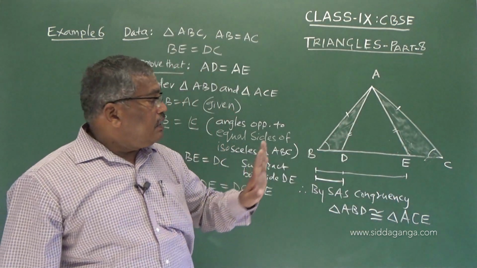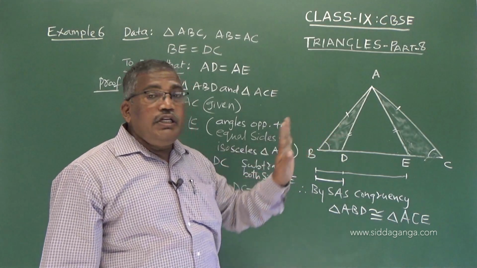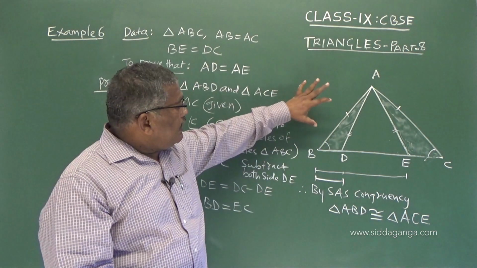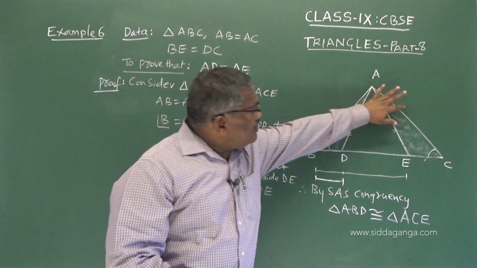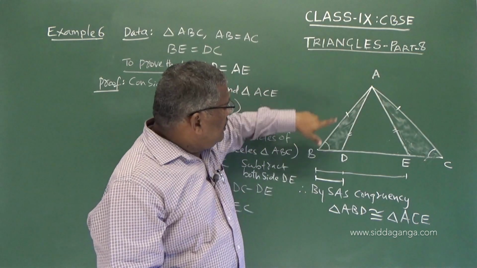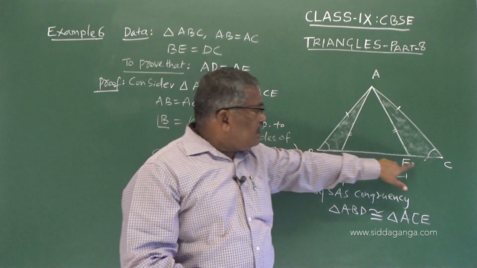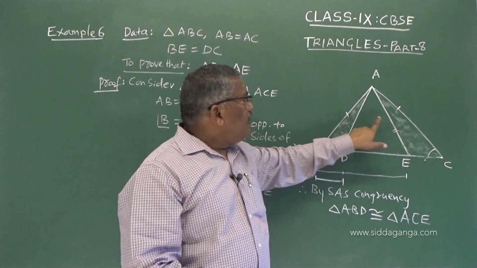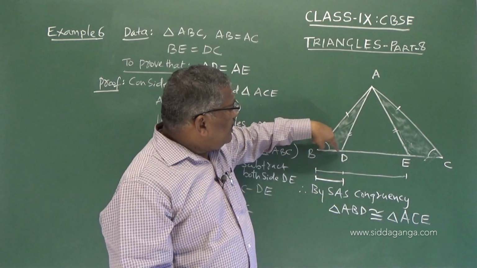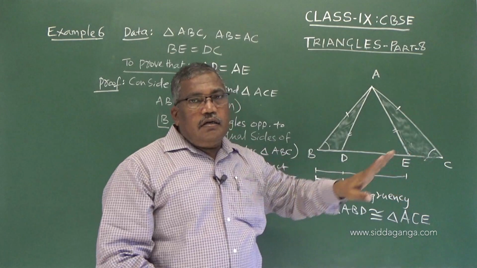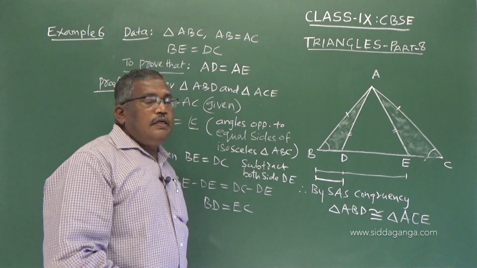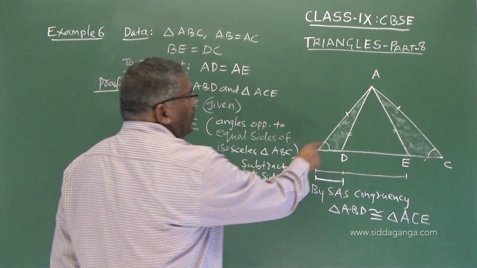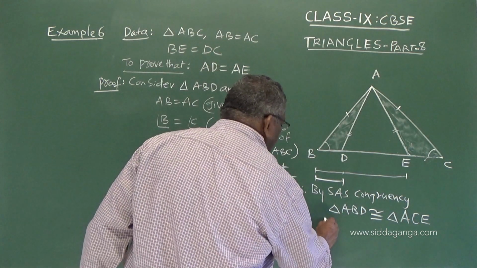When the two triangles are congruent, corresponding sides are equal. So, here AB corresponding side is AC, they are equal. BD corresponding side is EC, they are equal, and the remaining sides are AD and AE, they are corresponding sides of congruent triangles. Therefore, AD equals AE.